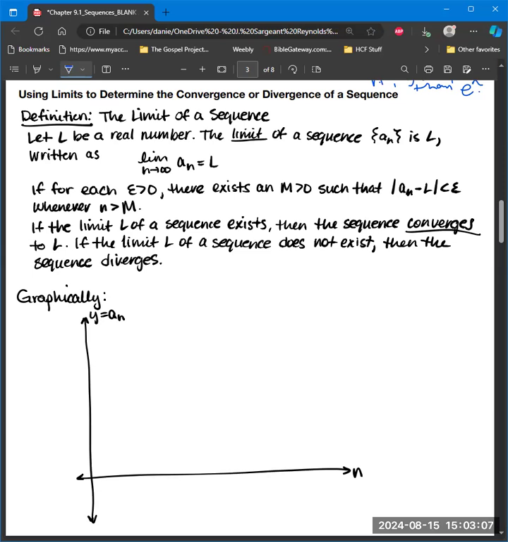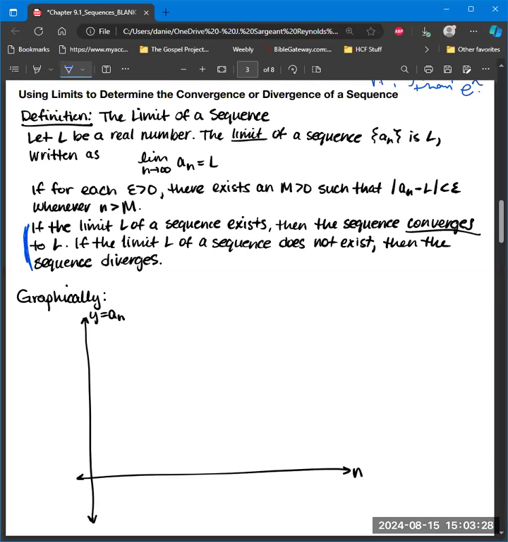If the limit L of a sequence exists, then the sequence converges to L. If the limit L of a sequence does not exist, then the sequence diverges. The main piece that you need to know here is that we want to know about convergence or divergence of a sequence.